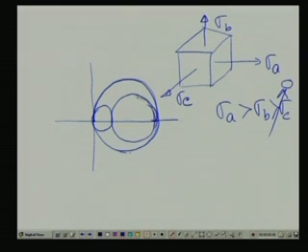I think I need not again describe the Mohr circle. So, this is sigma A, and sigma C comes out to be 0.